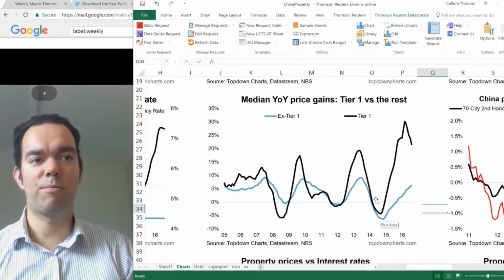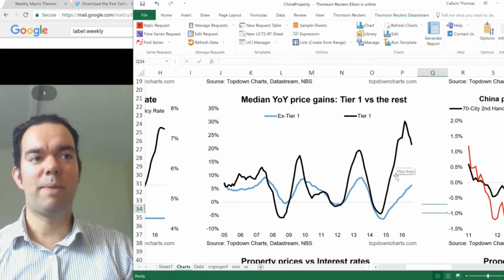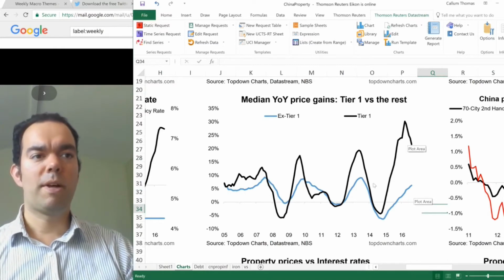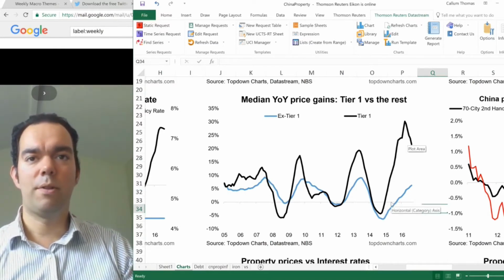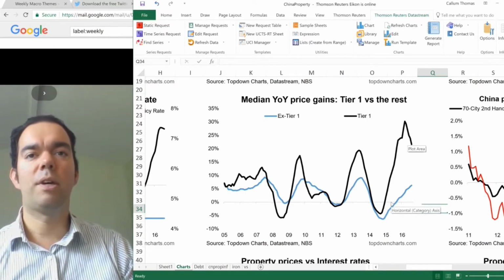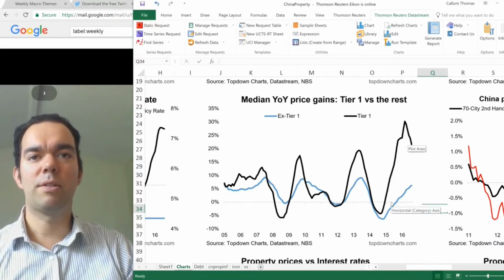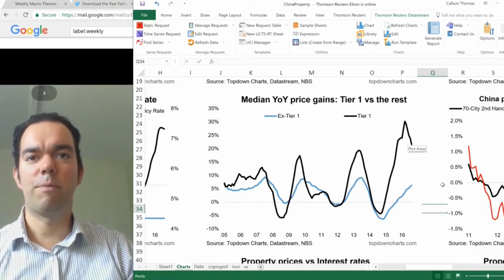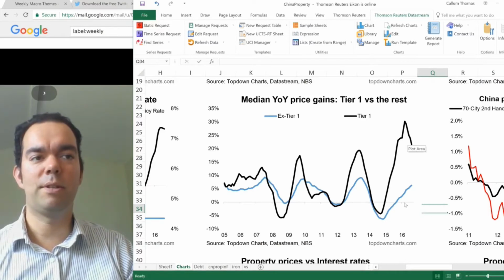I mean, this really was a manufactured collapse in property prices, and then again, this has been very much a manufactured surge in property prices. About a year ago, probably around this point here, the government decided that they were going to embark on a set of policies to drive destocking, because there's been a lot of overbuilding, particularly in those ex-Tier 1 cities, the smaller cities.